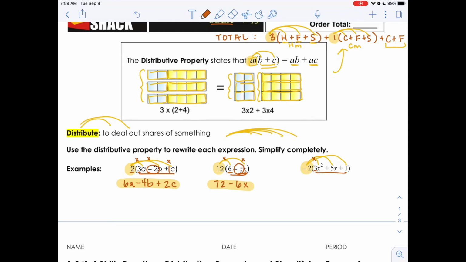I can't simplify the inside. Always check that first. So negative 2 times 3, that's negative 6. Keep the x squared. Moving on, I have negative 2 times 5, that's negative 10. Keep the x. And then I have negative 2 times 1, that's negative 2. Once again, I've got an x squared, an x, and a plain 2. There's nothing more I can do, and this is the final answer.